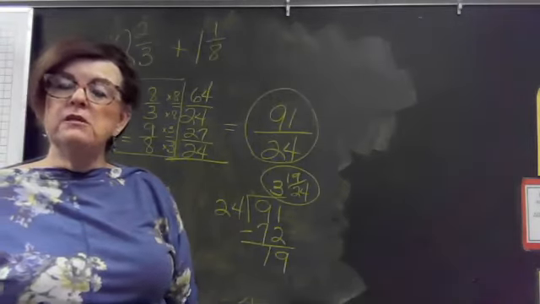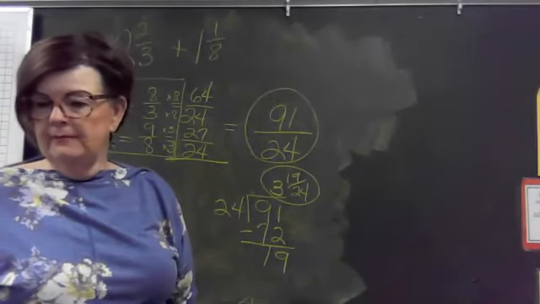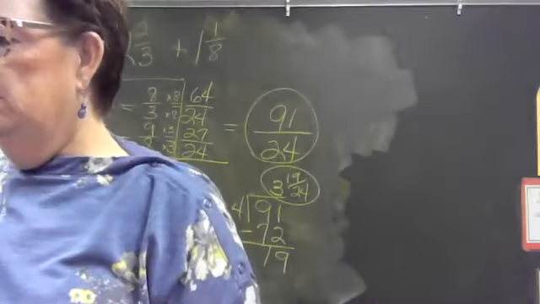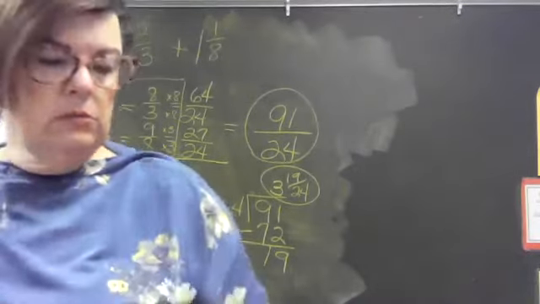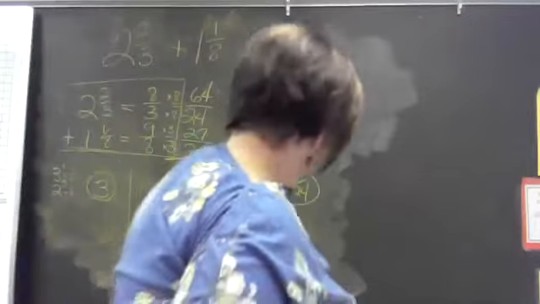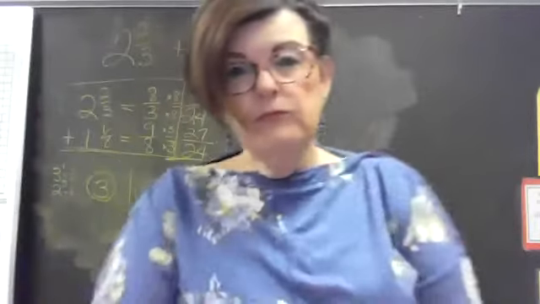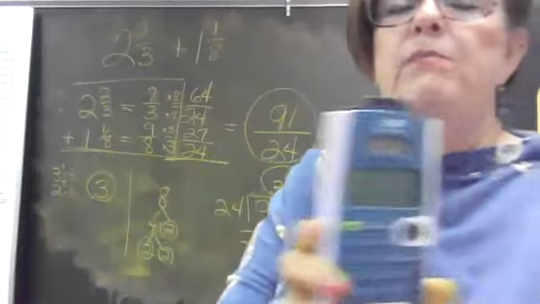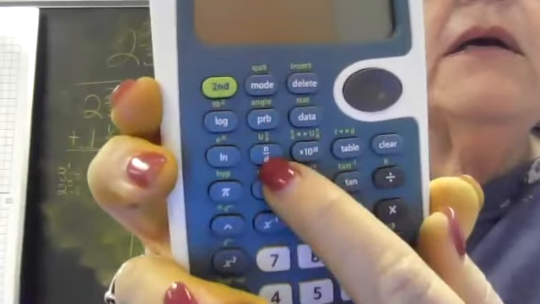Okay, questions? Isabel, Sherry. Yes, I was gonna ask you, where is that fraction button on the calculator? Oh, let me show you. Okay, here's your calculator. And right here, see it?